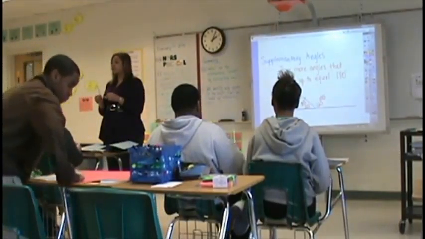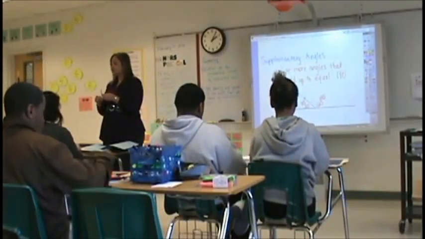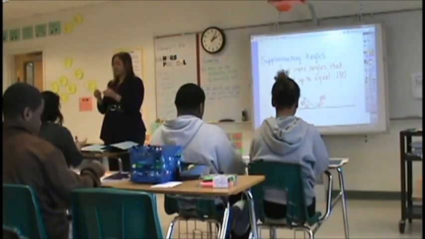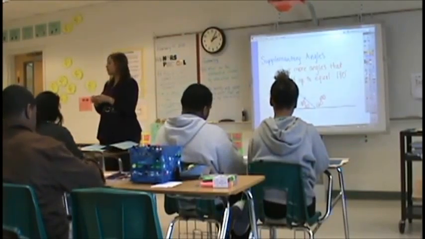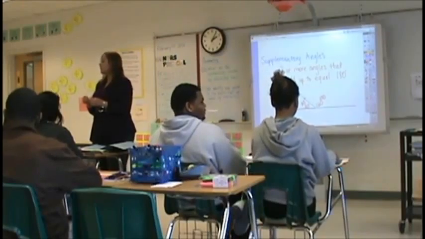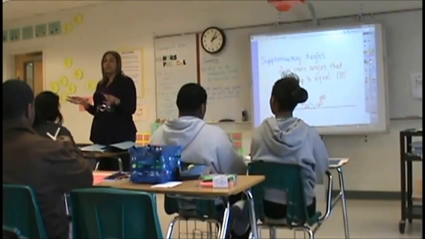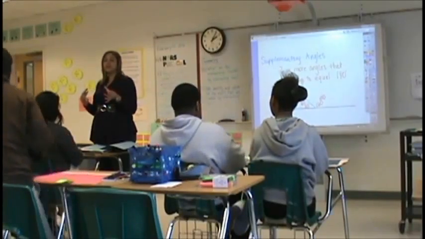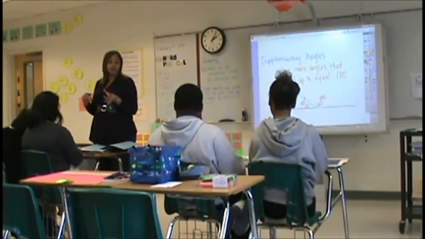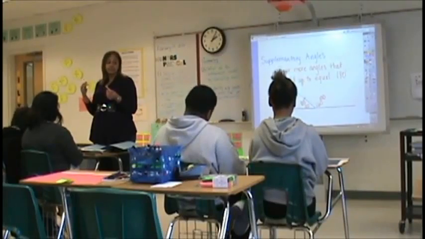You can mix and match them together if you like. You can cut the straws, make them shorter, whatever you like. So model for me what vertical angles look like, or complementary angles, or supplementary angles. I want 2 of them.